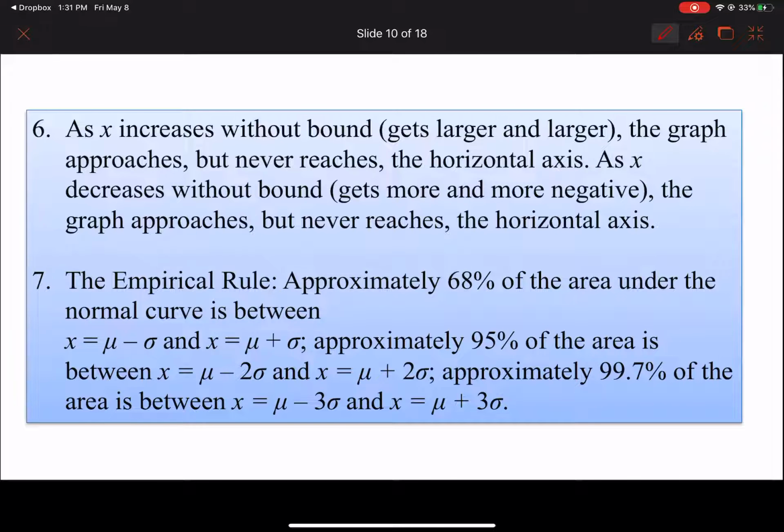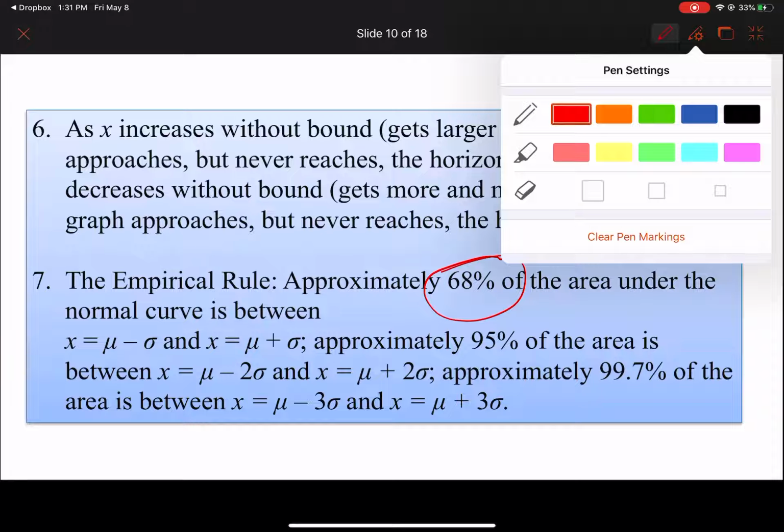So the empirical rule, you already know the empirical rule. About 68% of the area is within 1 standard deviation of the mean. 95% of the area is within 2 standard deviations of the mean, and about 99.7% is within 3 standard deviations of the mean.